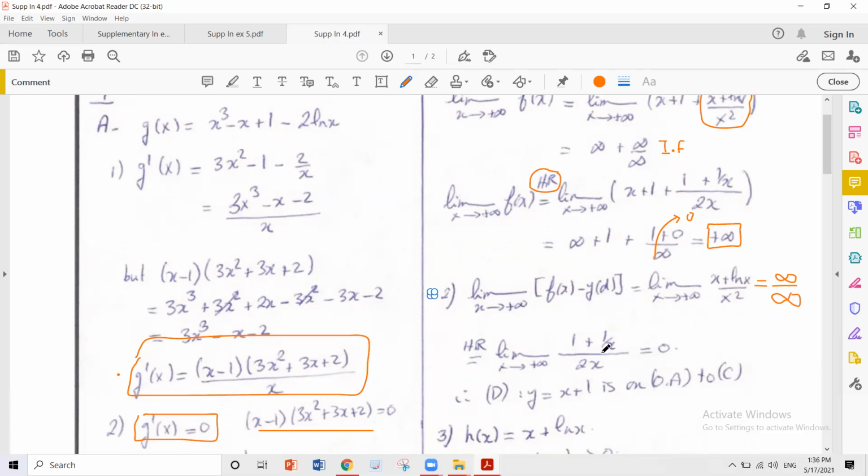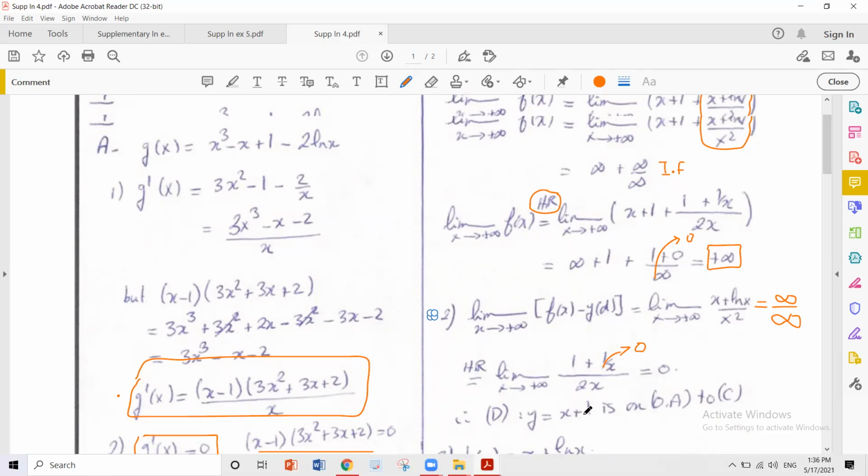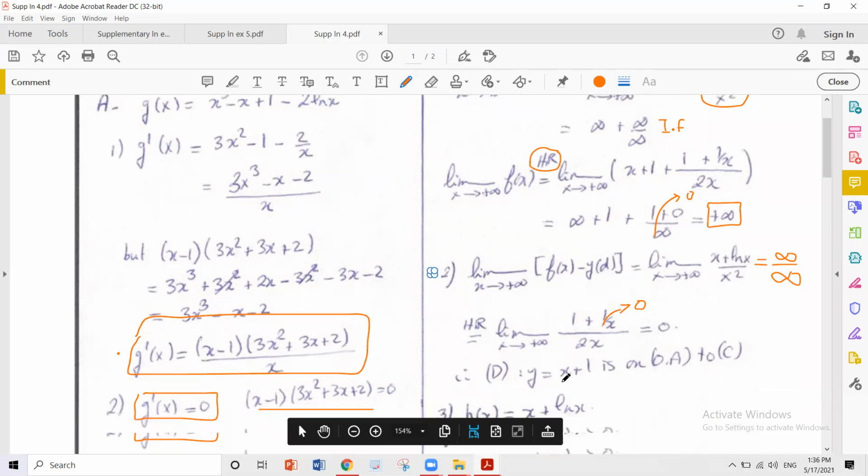The derivative of x squared is 2x. This has limit 0, since 1 over infinity is 0. Therefore, the line D, y equals x plus 1, is an oblique asymptote to C.